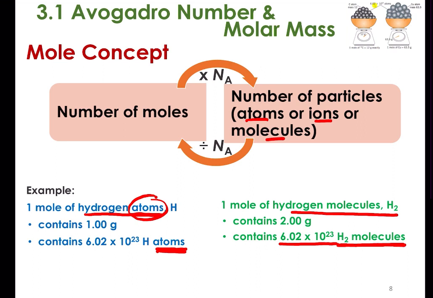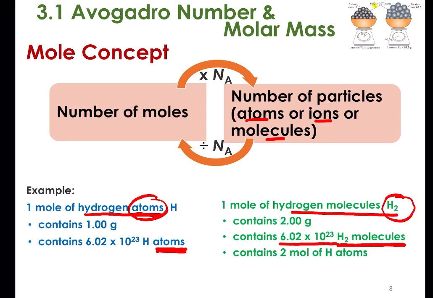Now, I want to be more specific in terms of atoms. So can I do it in terms of atoms? Yes, you can, because you understand a molecule is formed from atoms that combine chemically. So now, how many H atoms do we have? We have 2 here. So the formula H2 has 2. So that means 2 moles. So we can say it contains 2 moles of H atoms.